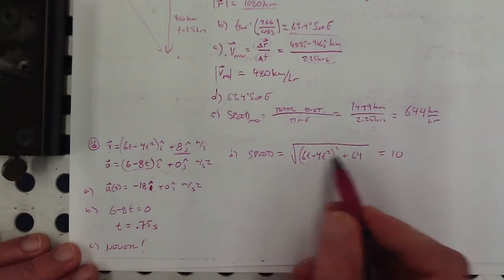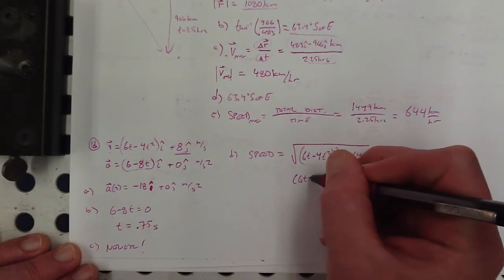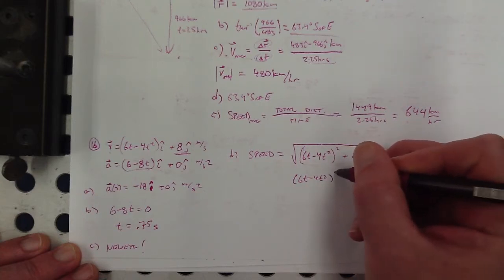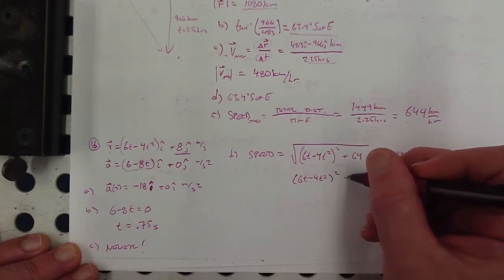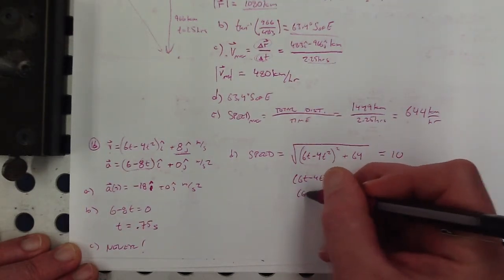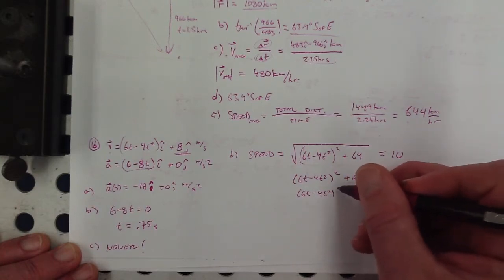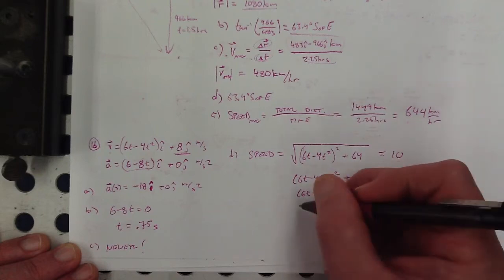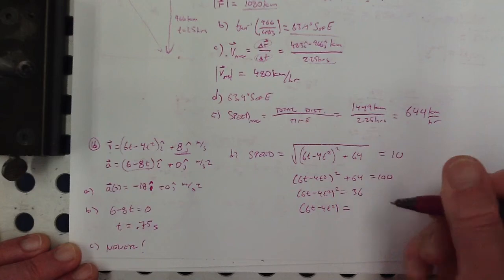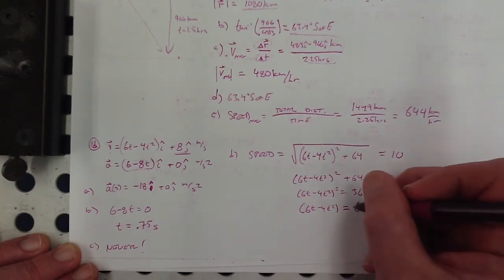So maybe. We could just have to do some algebra, I guess. So squaring both sides, 6t minus 4t squared plus 64 is equal to 100. I guess that could be plus or minus 6, couldn't it?